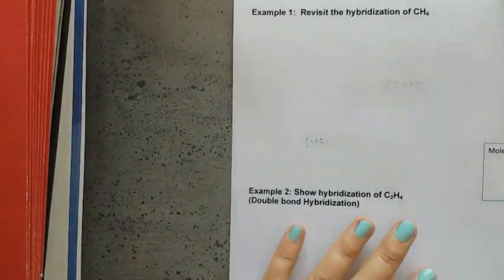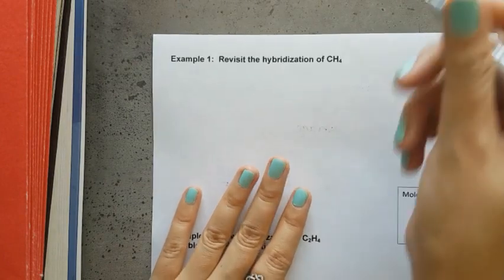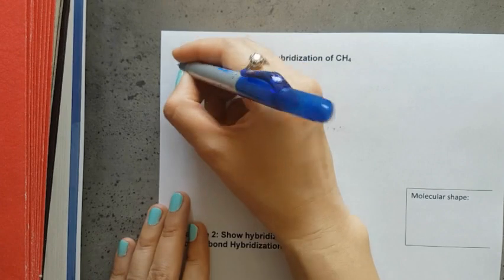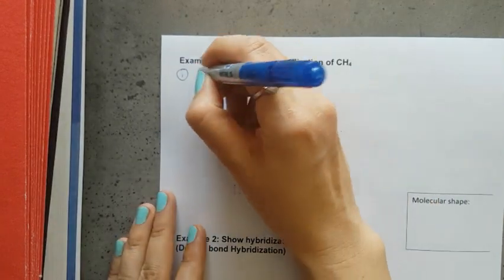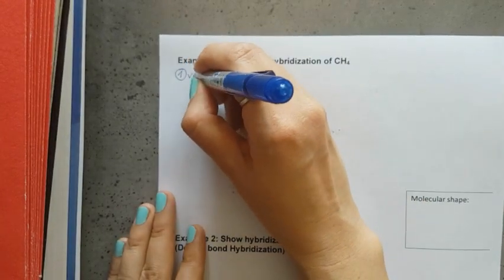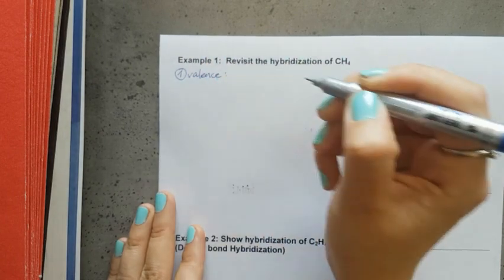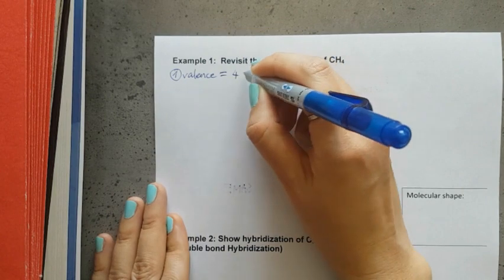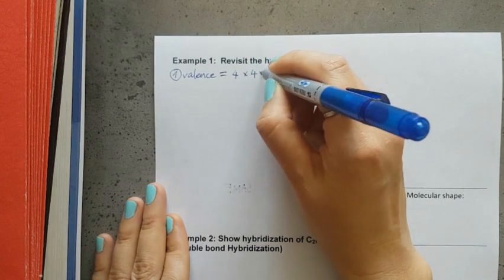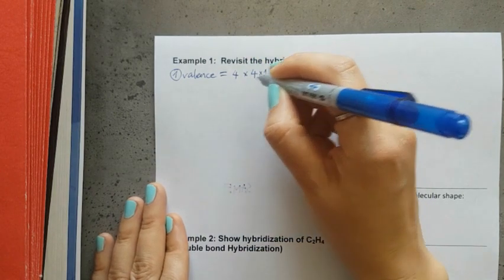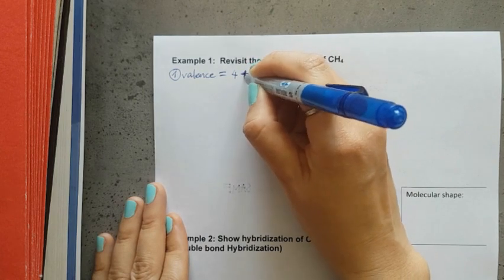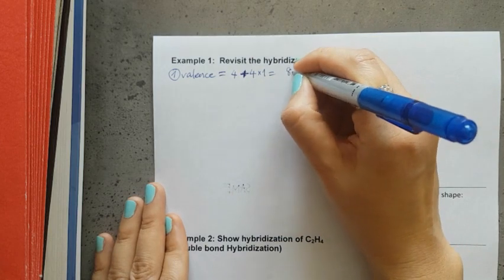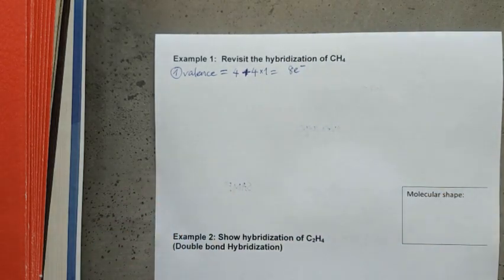And I'm going to do an example again with the methane molecule. So step number 1, you're going to find the valence electrons, okay? So with carbon being 4, and you have 4 hydrogens, each of them has 1, and that is an add, that is not a multiplication sign, and that should be 8 electrons, okay?